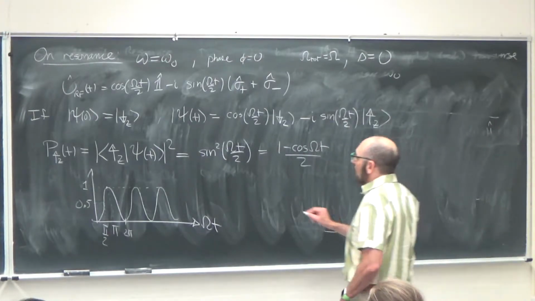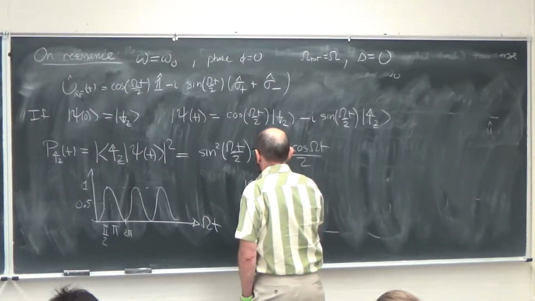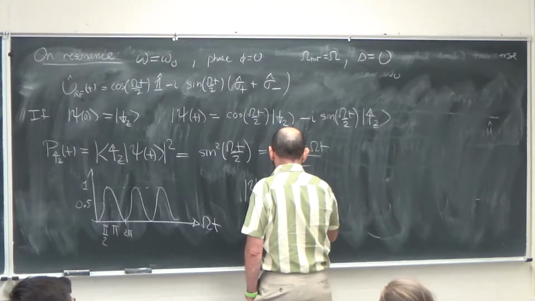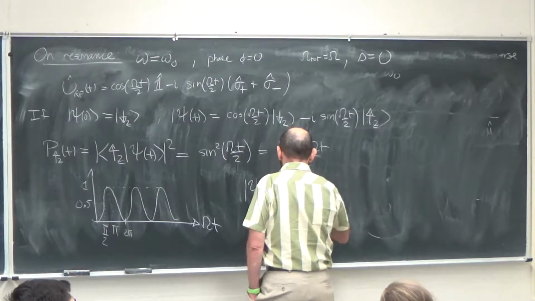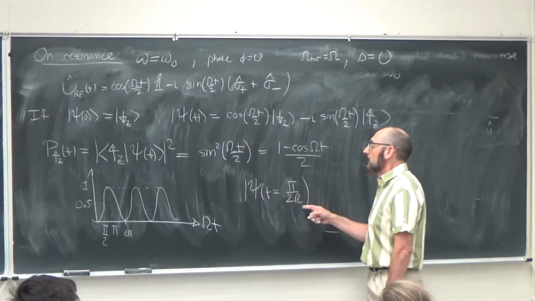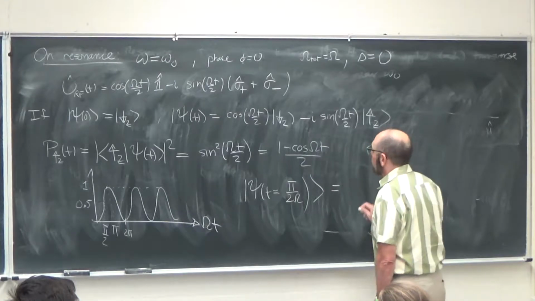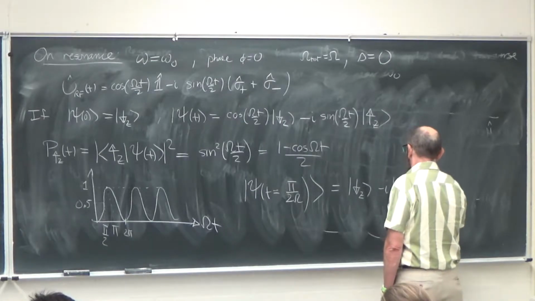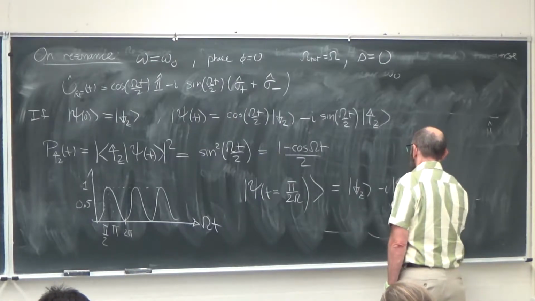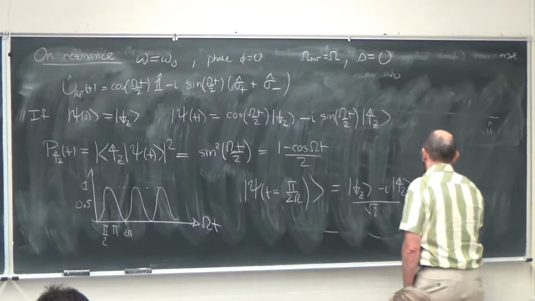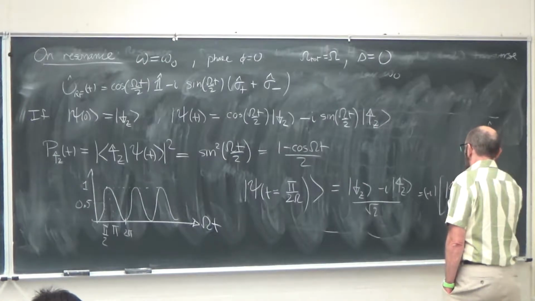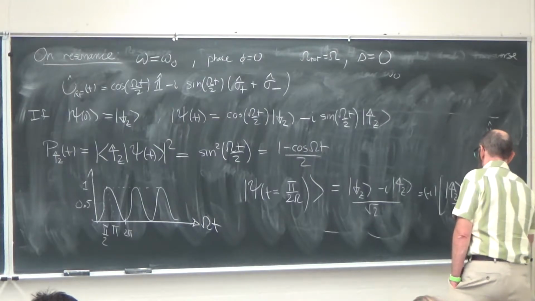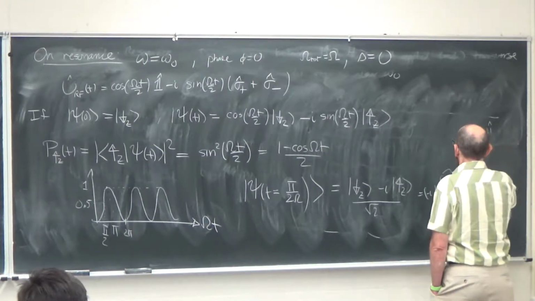In fact, at t equal to pi over 2 omega, that is omega t equal to pi over 2, the state is spin down minus i spin up along z over root 2, or minus i times up plus i down along z over root 2, which we recognize to be spin up along y.